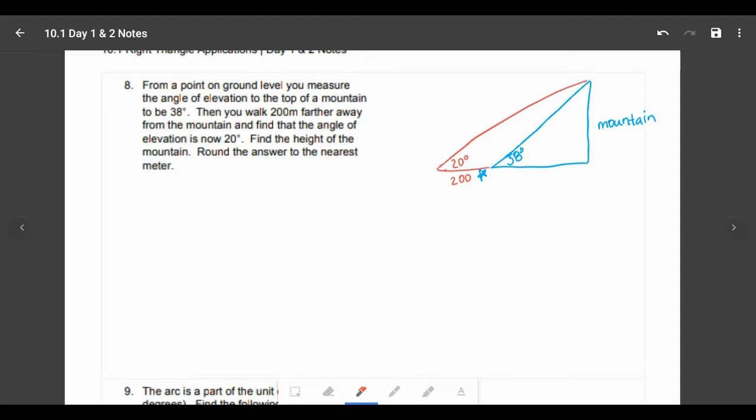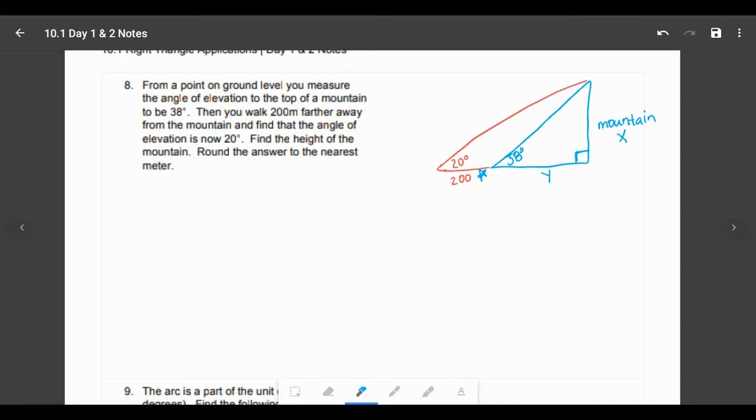And so what we're doing is we need to find the height of the mountain. So I'm going to label this as X. Now, given that this 200 is over on the bottom side of my diagram here, this segment here is going to be Y. And so now when I'm looking at this blue triangle, if you notice we have an opposite and an adjacent, since this angle here should be a right angle.